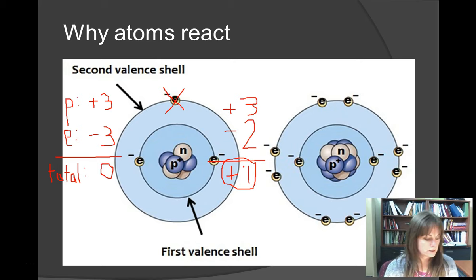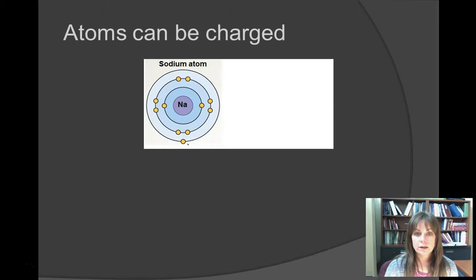All right, so let's look here at another example. So if you remind yourself by looking on the chart, because it's a sodium atom, we're going to know how many protons it has. So a sodium atom here for protons is going to have 11 protons.